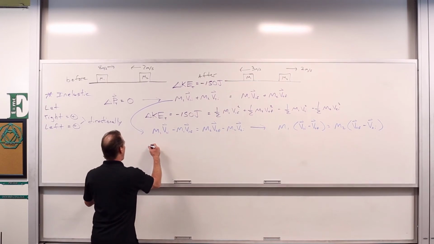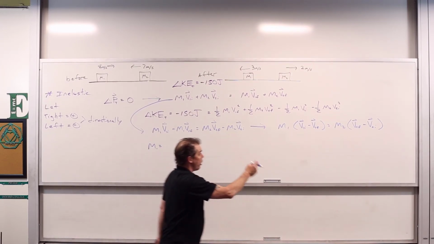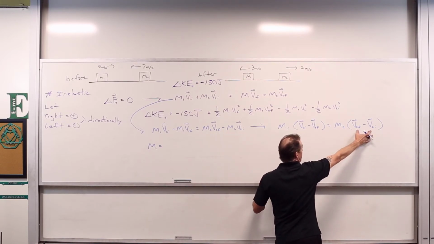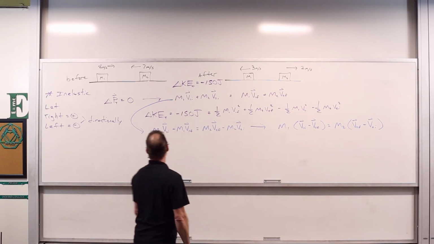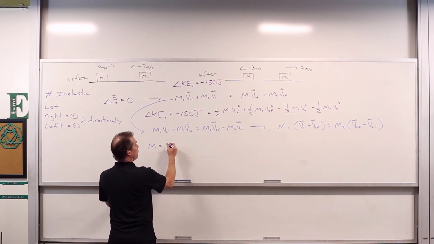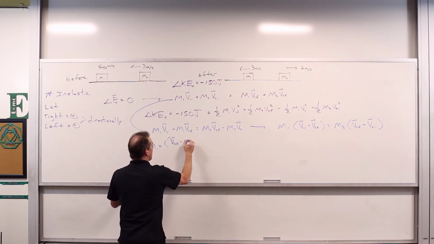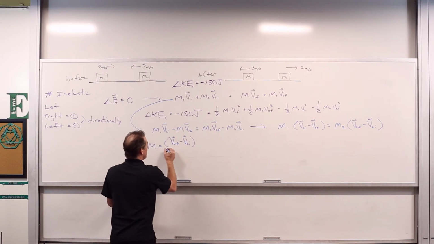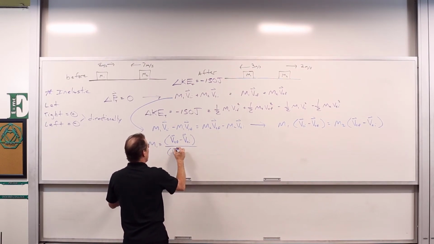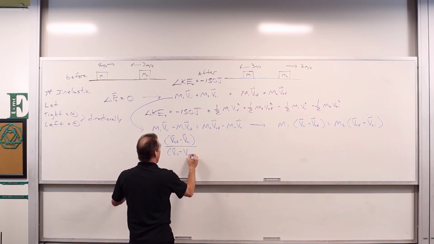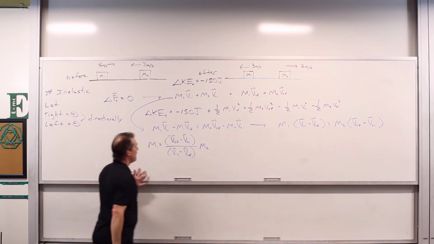Well, it allows us to look at what one is in terms of the other. Because now I can say that M1 is equal to the ratio of the difference of these velocities divided by these velocities times M2. So M1 is equal to the quantity of V2 final hat minus V2 initial hat divided by V1 initial hat minus V1 final hat times M2.